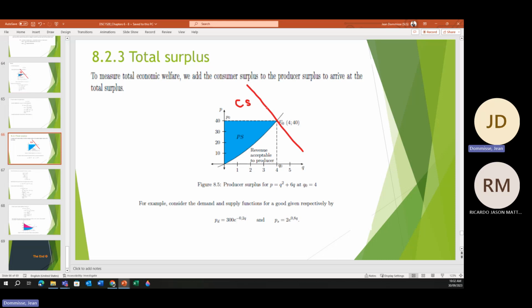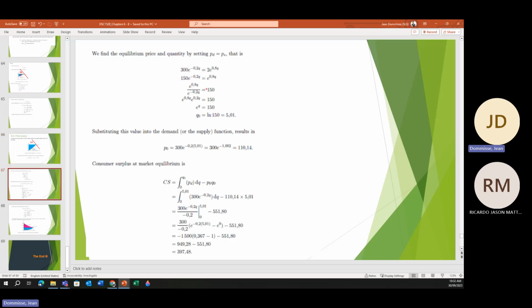The top part is your consumer surplus. Now we need to work out what is your producer surplus. So again, the same process will apply here, in that you will work out your total.